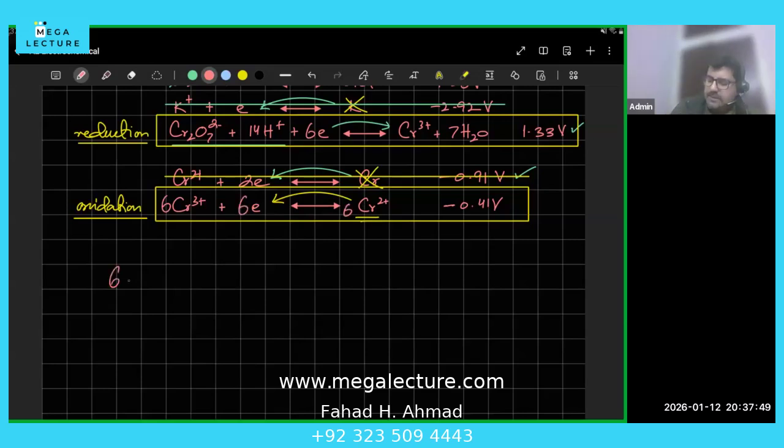Add up the reactants, so it's 6 Cr2 plus, नीचे वाली में Cr2 plus is the reactant; in the top one it's Cr2O7 2 minus plus 14 H plus 1. You're going to ignore the electrons because they're going to get cancelled out. अच्छा, products में क्या होगा? Add up the products, so it's Cr3 plus और नीचे वाले में 6 Cr3 plus, so total Cr3 plus that will be 7 Cr3 plus.